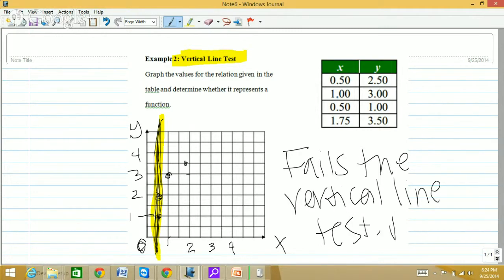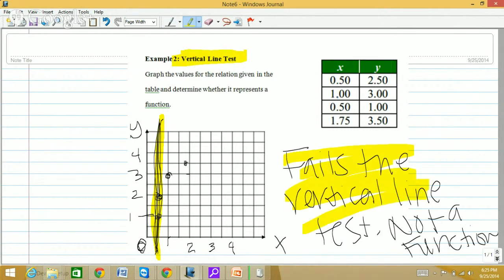So this is not a function. Okay, not a function because it fails the vertical line test. Okay, so we're going to use that method a couple more times today in our notes.